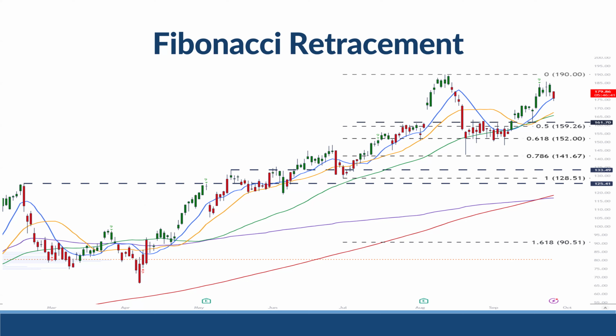This is a chart of Palantir, one of the best performing names of the last year. And nothing is straight, so the strength of an uptrend really can be debated when you're looking at these corrective moves.